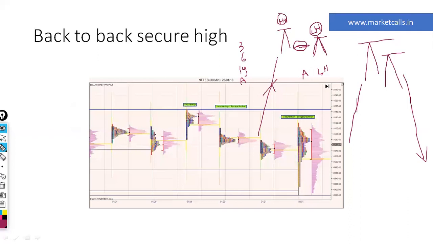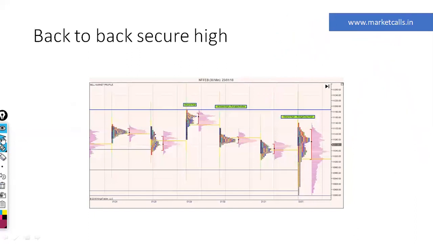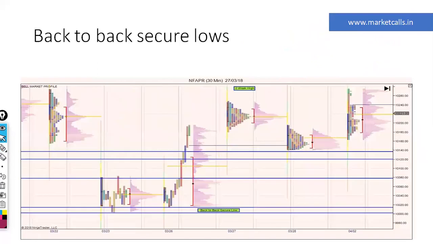I'm going to show you a couple of other examples of how the back-to-back secure high happened, and what the other ways are that we call a back-to-back secure high. This is one example where a back-to-back secure low happened. It's the opposite scenario. It happened in the Nifty April series: Nifty went down and came back.